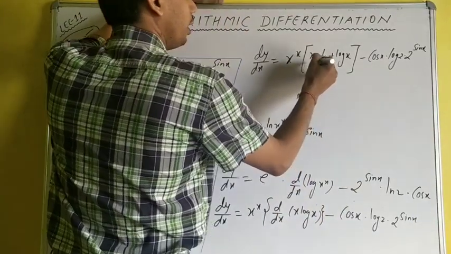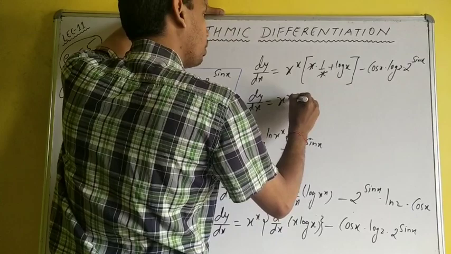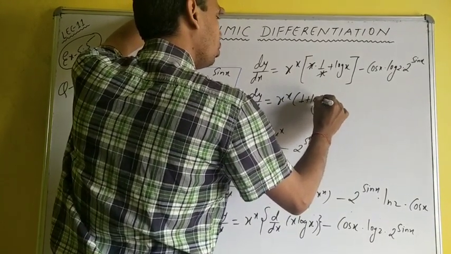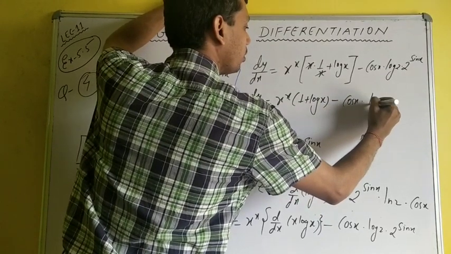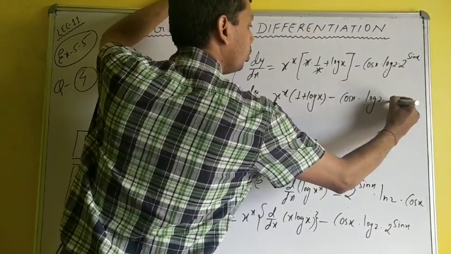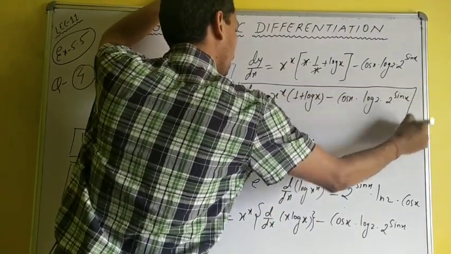So this x and x cancel, and dy by dx is equal to x to the power x into (1 plus log x), minus cos x log 2 into 2 to the power sin x. This is our required answer.